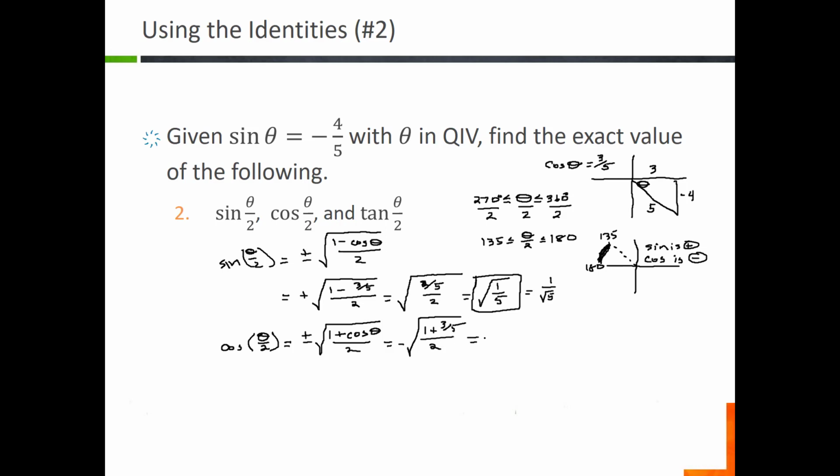So that's going to be the negative square root, and we know 1 plus 3/5, again, that's a fraction. 1 is 5/5, so that's going to give us 8/5 over 2. And if you reduce 8/5 over 2, you're just going to divide the 8 by 2, so you're going to have 4/5, which would be a negative 2 over the square root of 5.